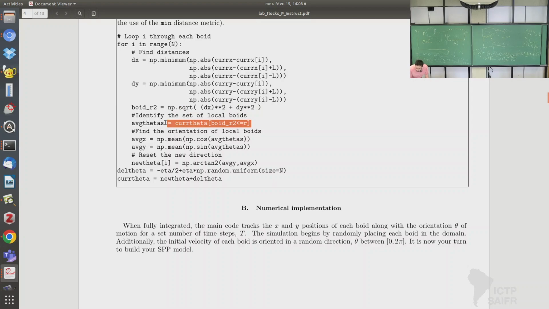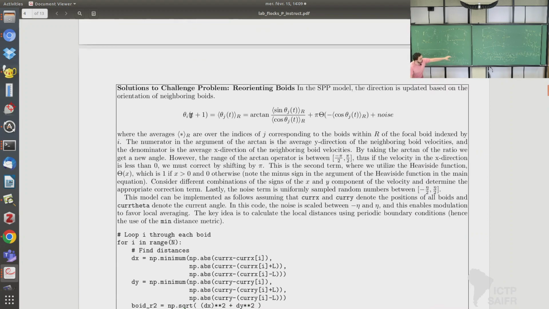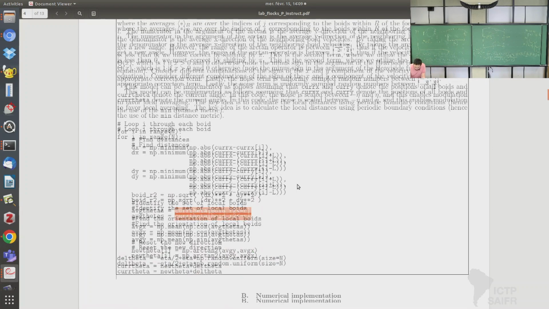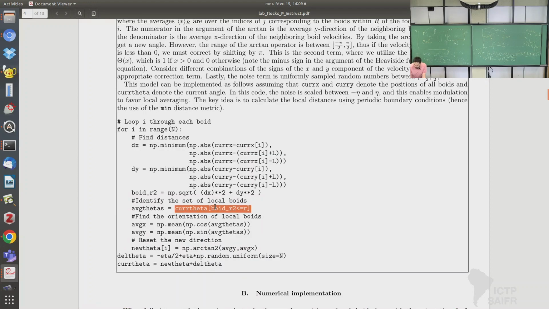And then you just mask, in this case, the thetas, because remember that your list has 3 entries, the x's, the y's, and the thetas. So in this case, you take directly just the thetas. And you mask them as the radius, the distance less or equal than your parameter r. This is the parameter there. I called it capital R, but here it's called small r.